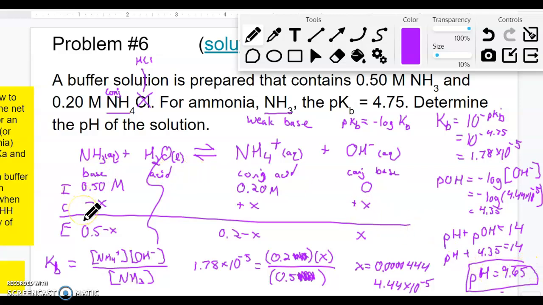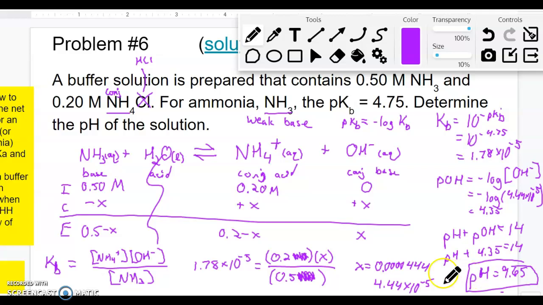So when we work through these problems, this is the long way of going about doing it. And we did this ice table, figured out the concentration of the OH minus and plugged it in for pOH, all that kind of stuff. That's cool. But some things to keep in mind: it does make sense because we have a weak base that our pH is coming out to be basic.